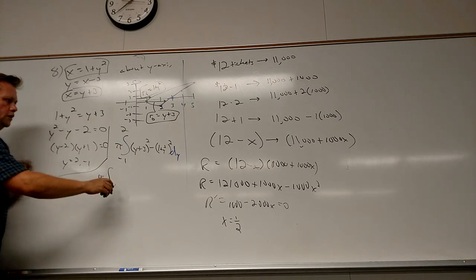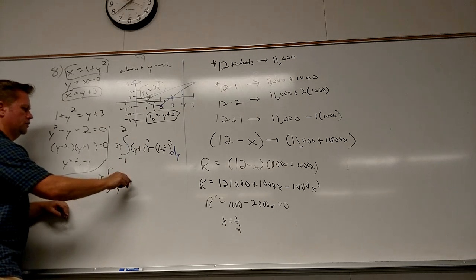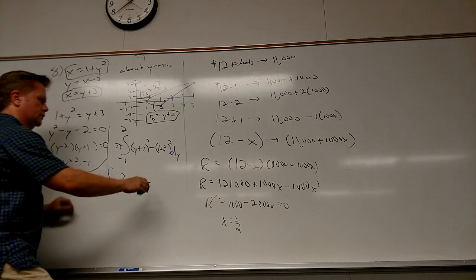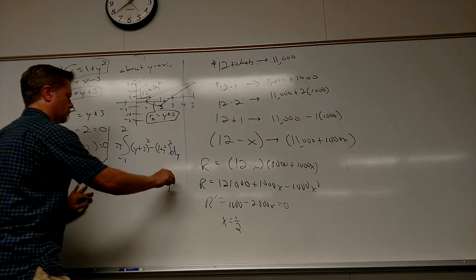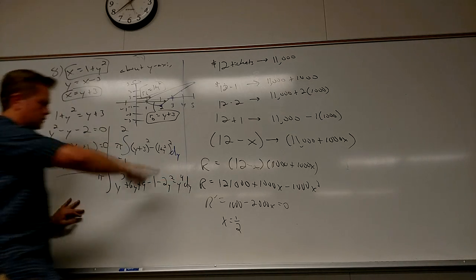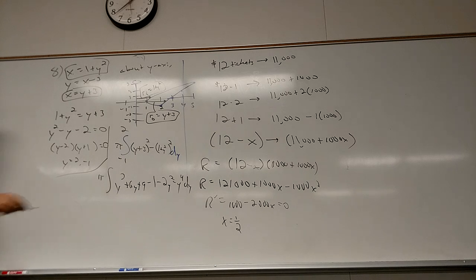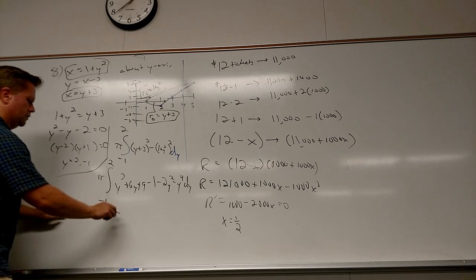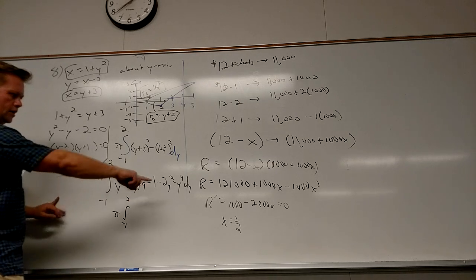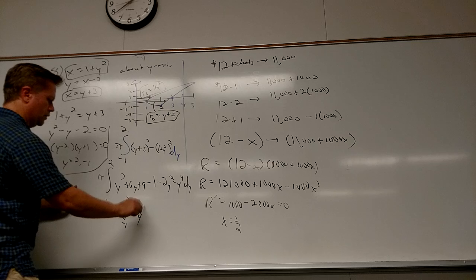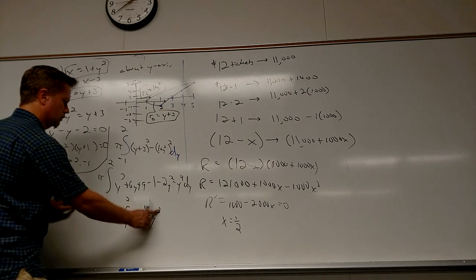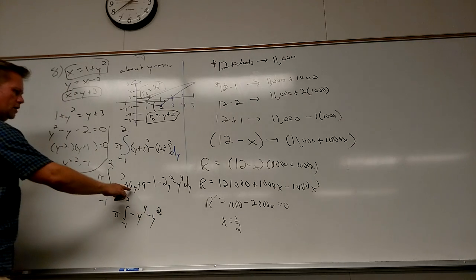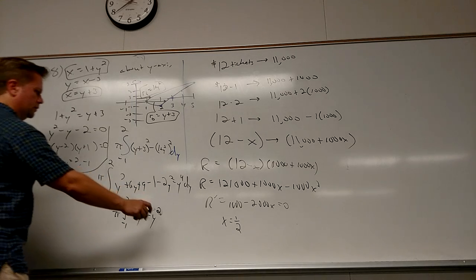But just to do this real quickly, so you get y squared plus 6y plus 9 minus 1 minus 2y squared minus y to the 4th. This is polynomial, right? I don't want to do this. Let's see. So you get pi, integral from -1 to 2 of negative y to the 4th minus y squared plus 6y plus 8, I think it looks like.